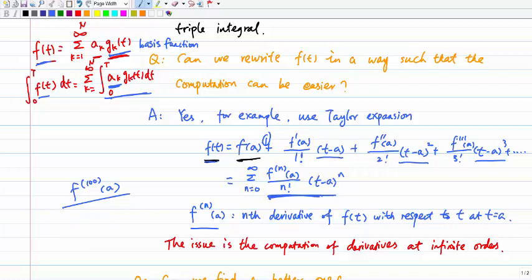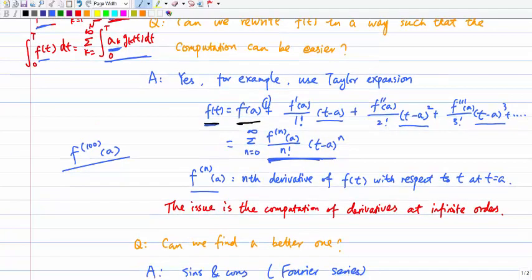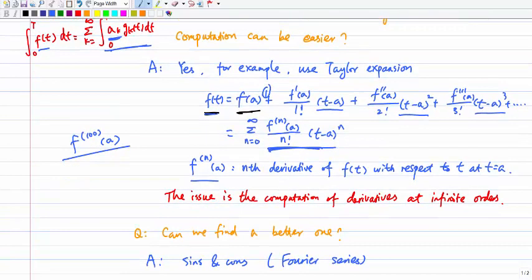Now, do we have any other options? Can we find a better one? This is what Fourier analysis is about. Fourier analysis talks about how we can write a function f(t) into what we call a Fourier series. In other words, we want to write f(t) as a sum in terms of sines and cosines.